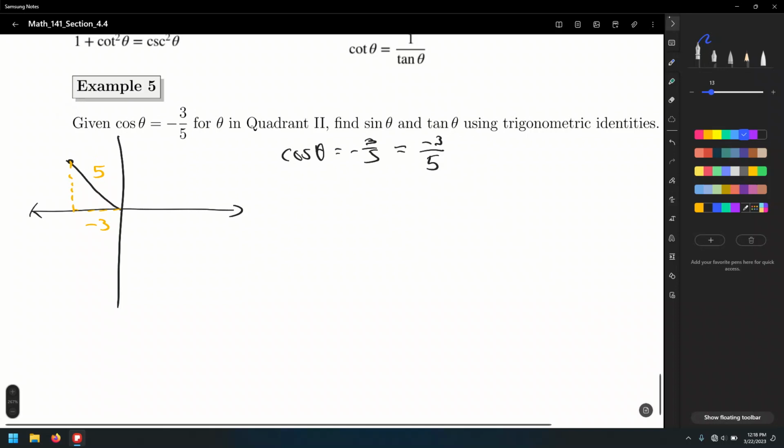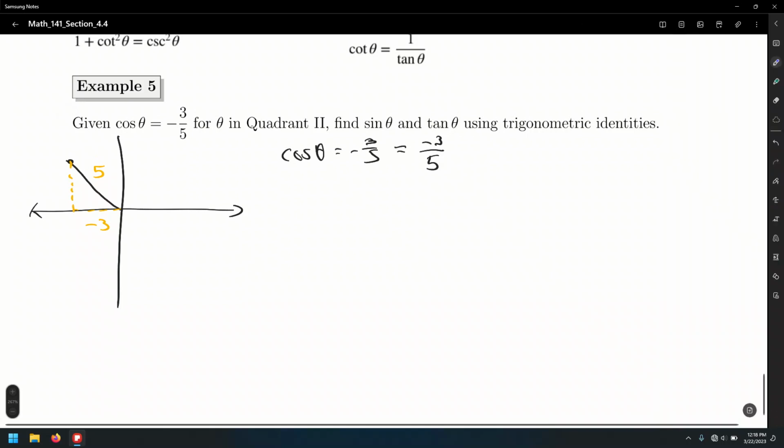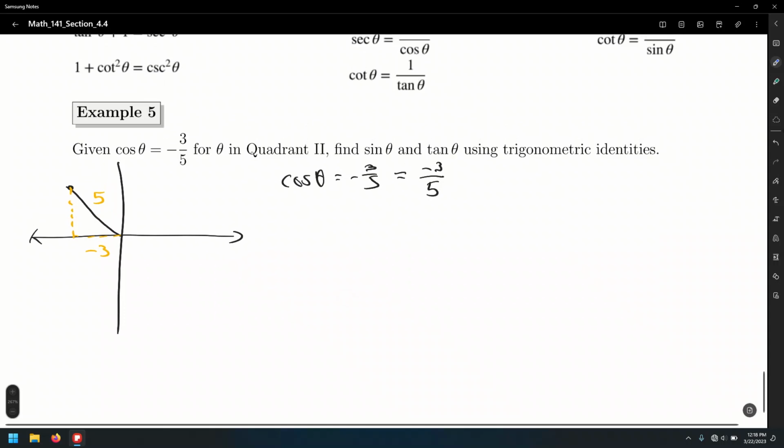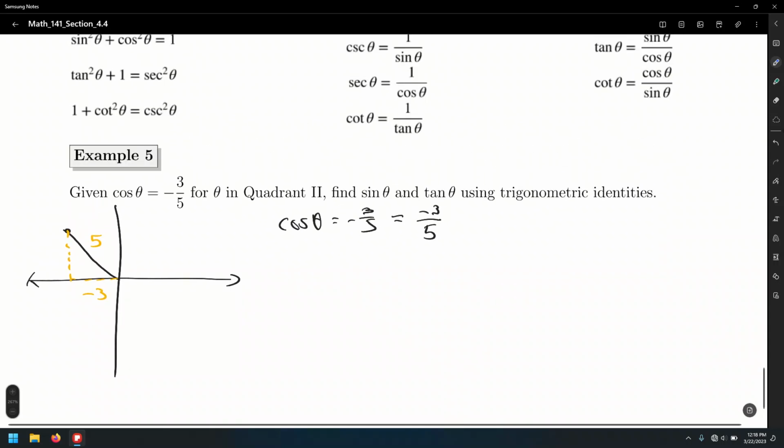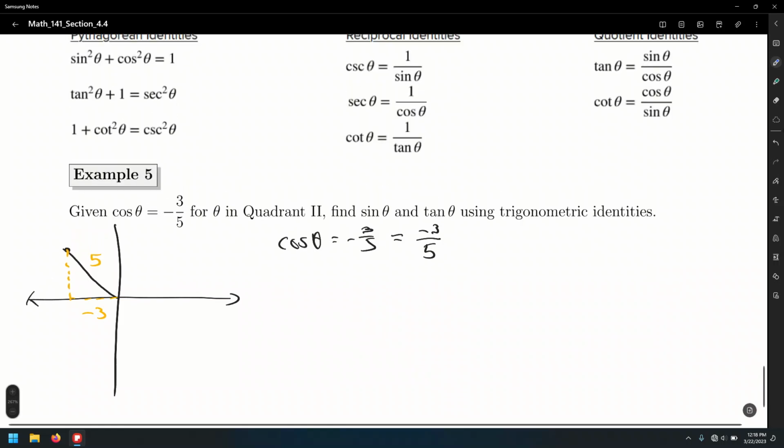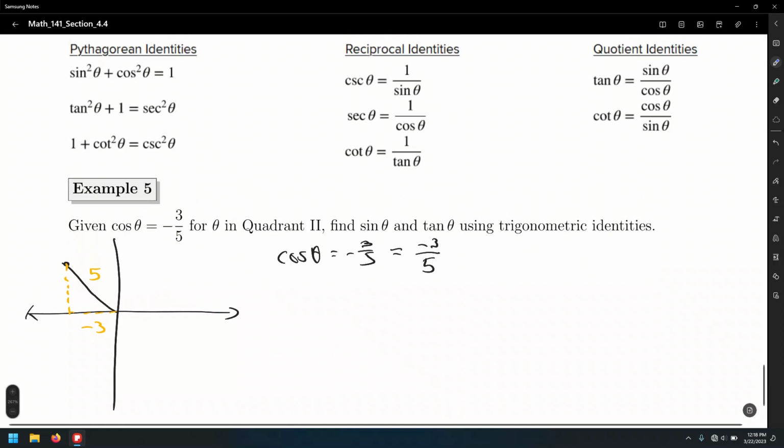So in this case, we're going to use trigonometric identities. Since they're giving us cosine, how about we use one of the identities to find out what the sine function is given cosine?